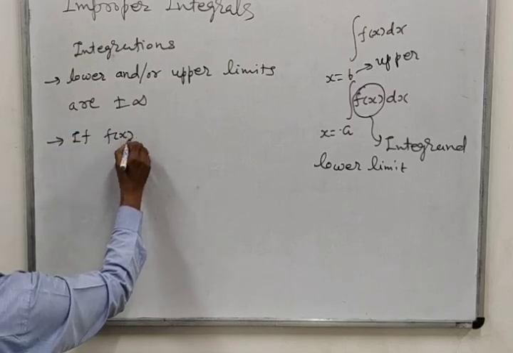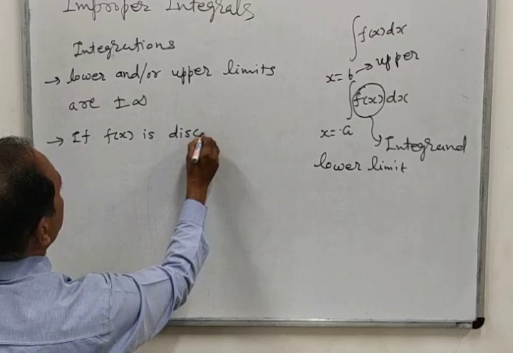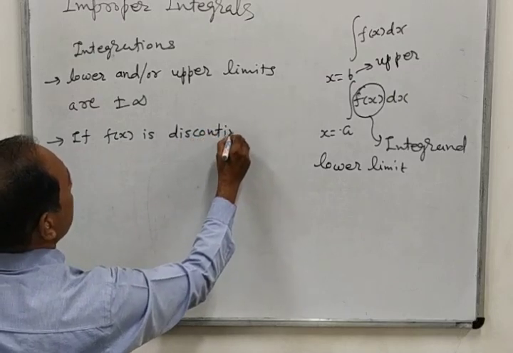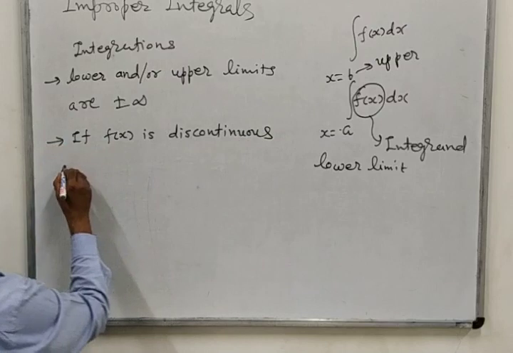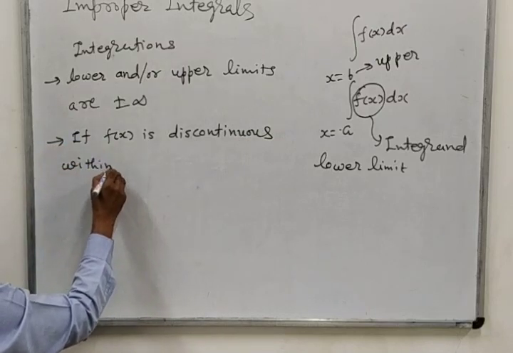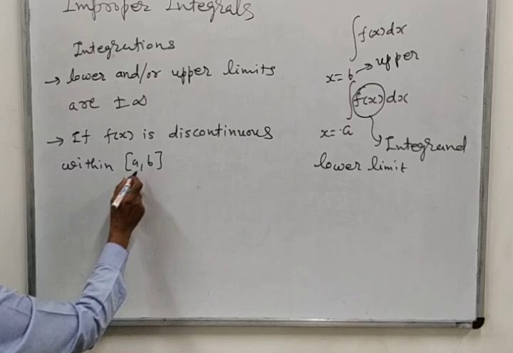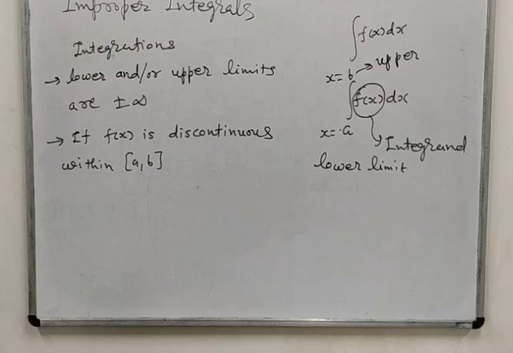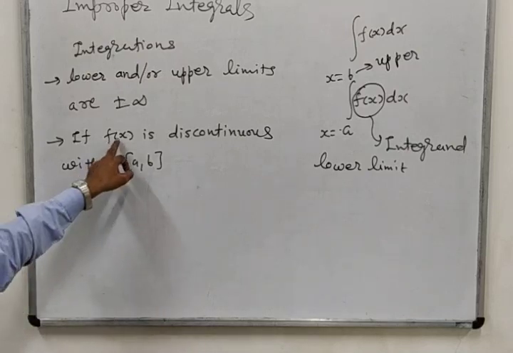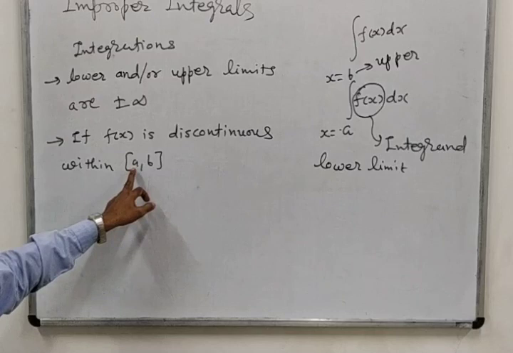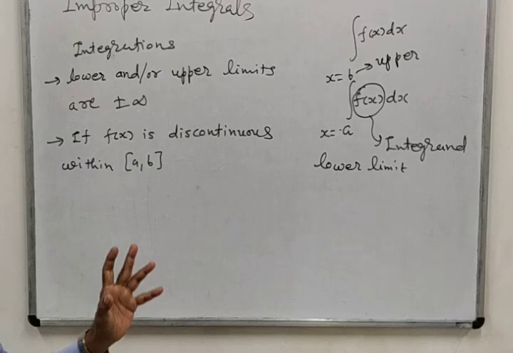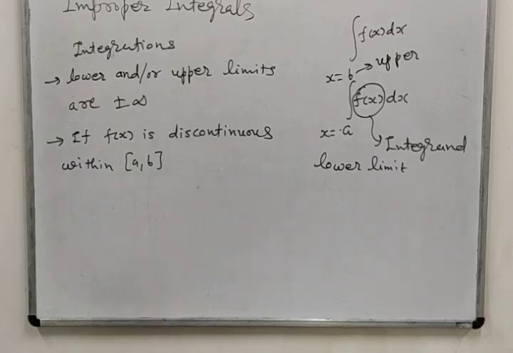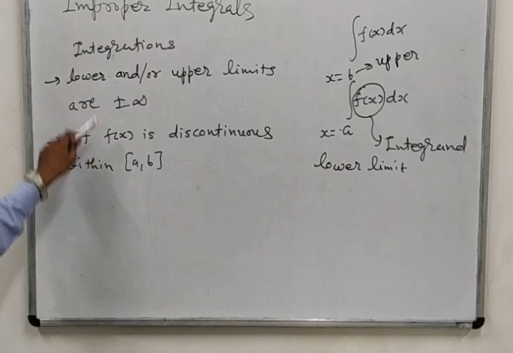f of x is discontinuous within the interval a to b, closed interval, that means it includes the points a and b. So, if the function f of x is discontinuous at a or b or at any point between a and b, then also we will call this integral an improper integral.